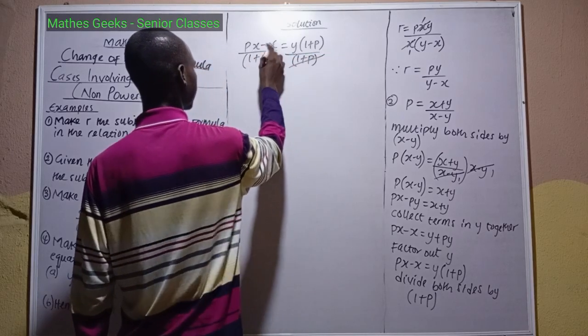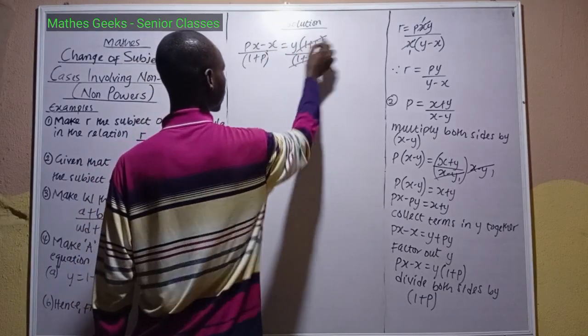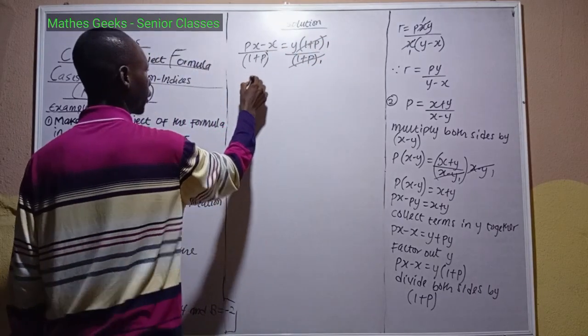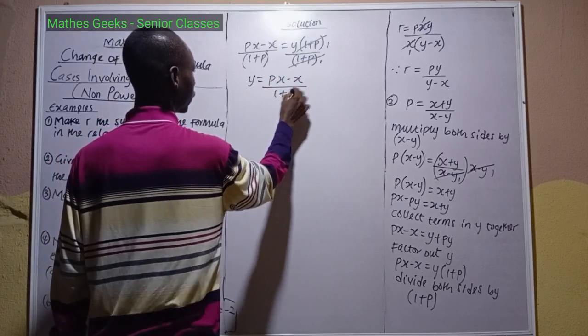So this will cancel this one. So y is equal to (px minus x) over (1 plus p).